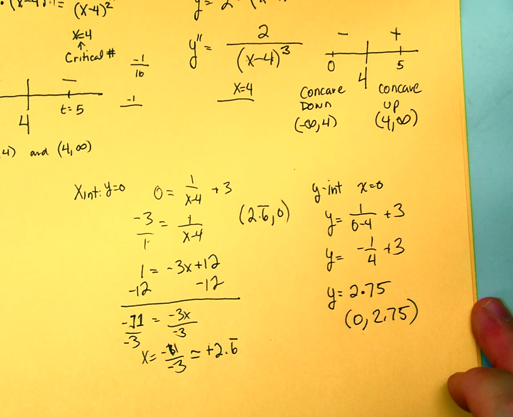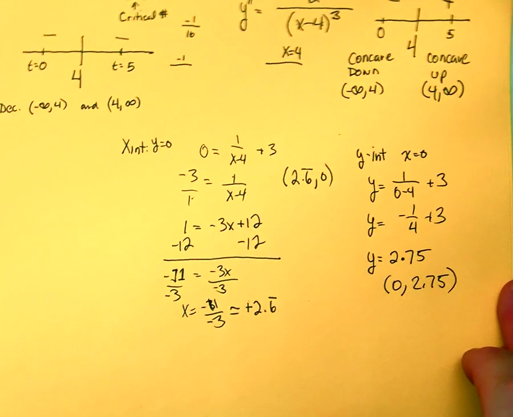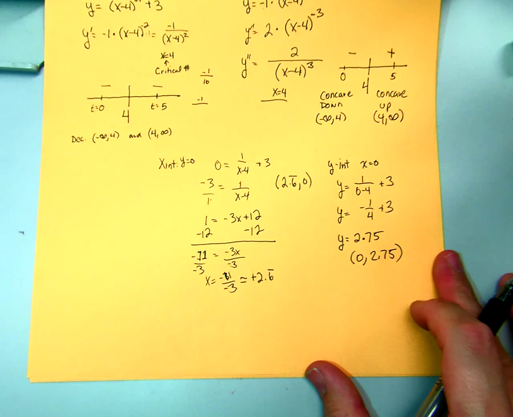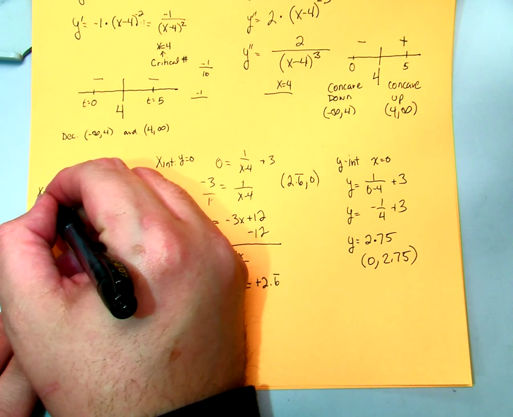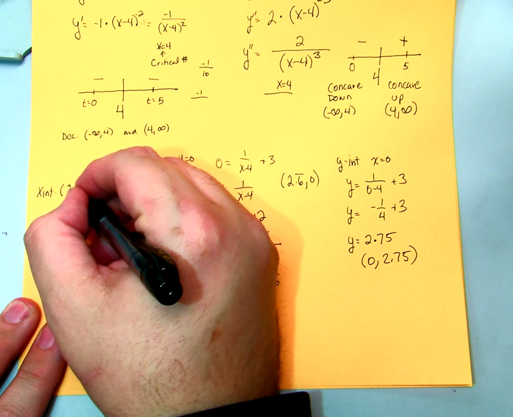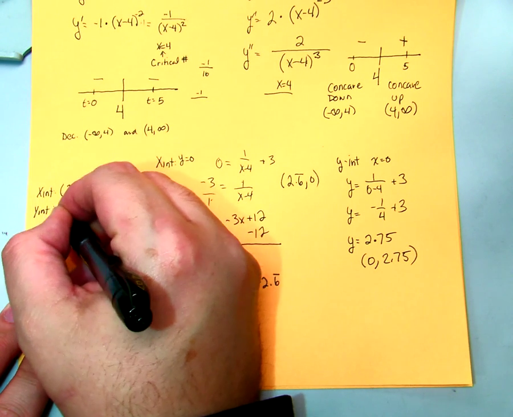All right, now let's summarize. Zoom out here. The summary: x-intercept, 2.6 repeating, 0. Y-intercept, 0, 2.75. And we'll be checking to see if those work.